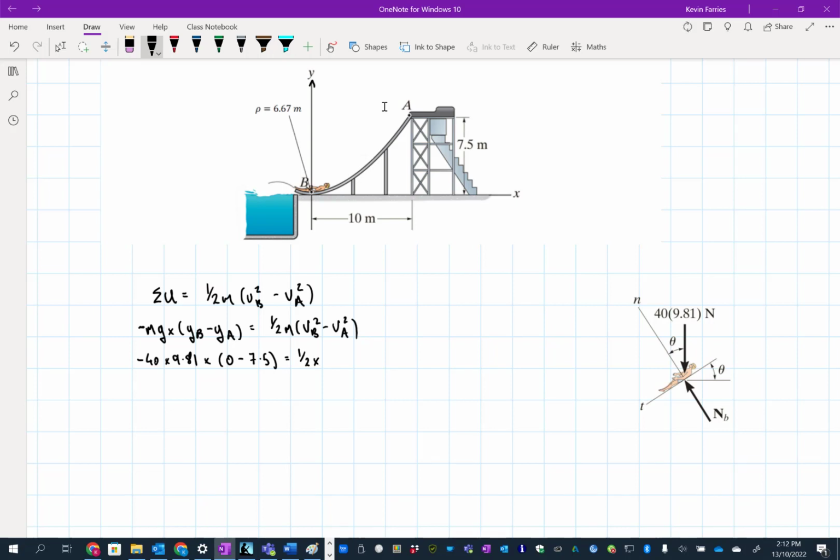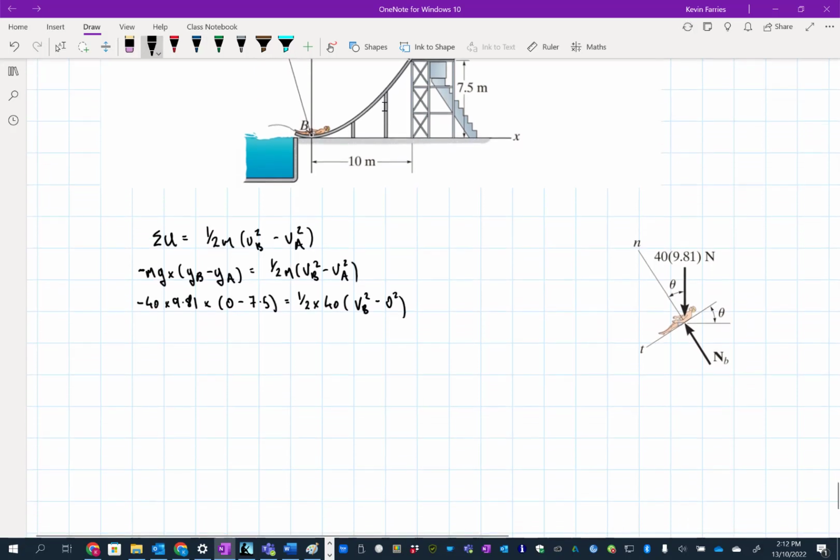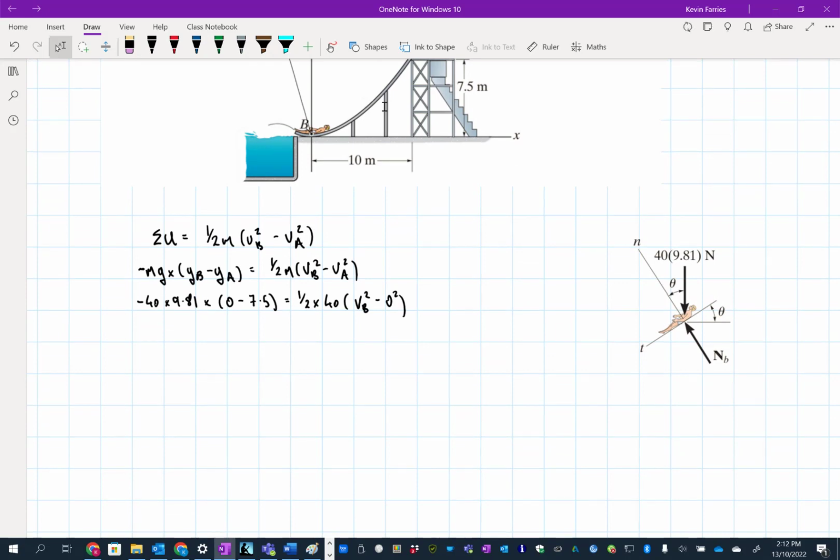half times 40 times, now VB is what we're trying to find, and VA was 0, so we'll just write it in for now, 0 squared. Now, we can cancel some stuff here, so it wouldn't really matter what the mass of this boy was, because the mass would cancel out.